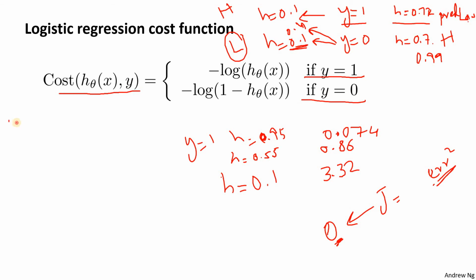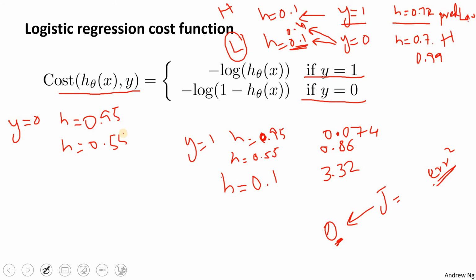So when y is 0, and I predict it, again I will take these three values, 0.95 and 0.55 and 0.1.